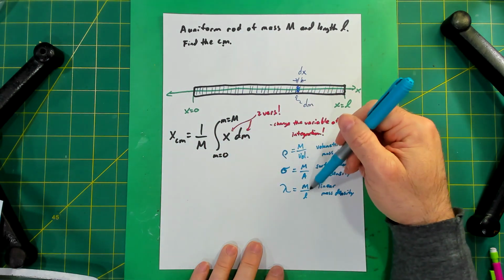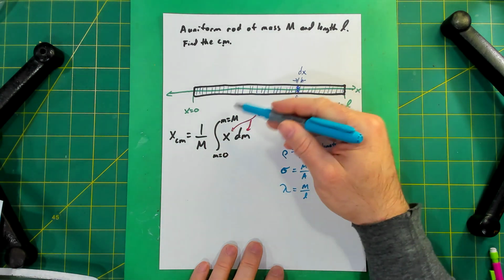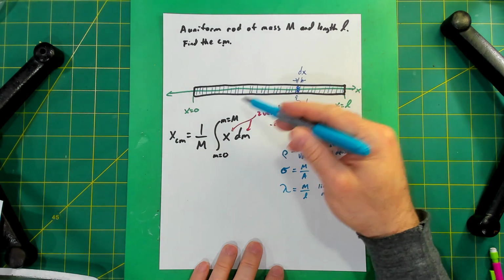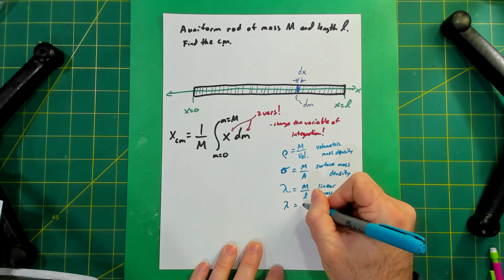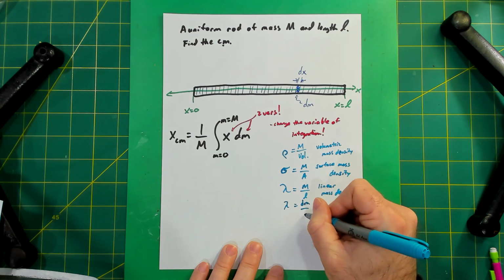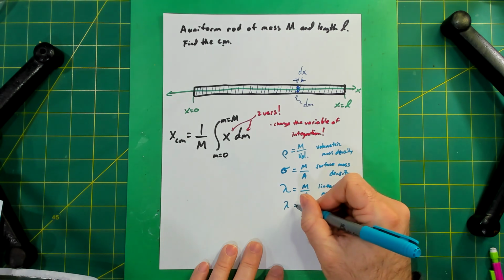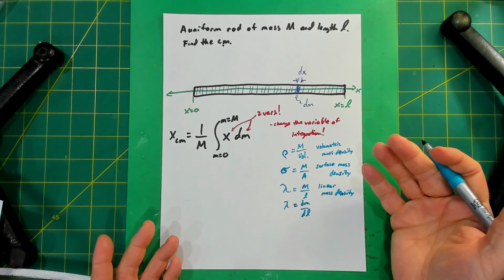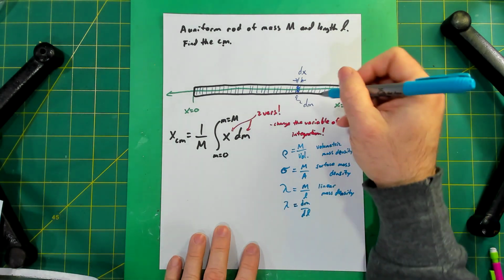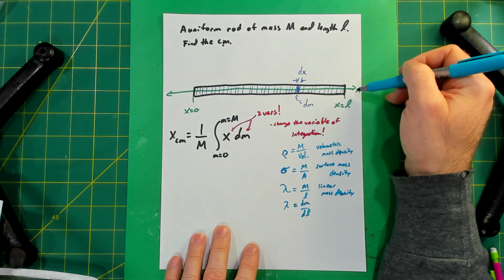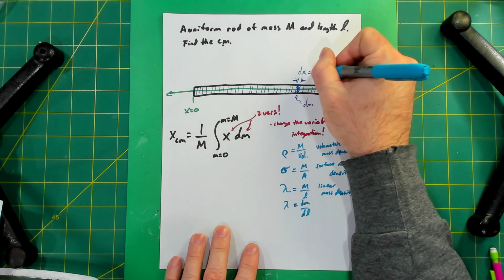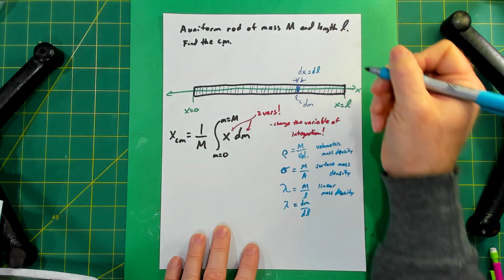If I took half the mass, it would be half the length, or a fourth of the mass, a fourth of the length. More importantly for us, if I took a little dm to d length, that'll be the same ratio. Now for us, a little bit of length is the same thing as dx, a little bit along the x-axis, so this is actually the same thing as dl.